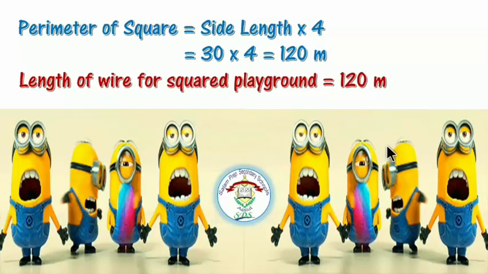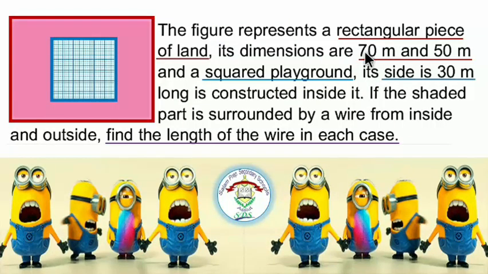The playground is in the shape of a square, so we will find the perimeter of square equals side length times 4. But take care. Before finding the perimeter, be sure that all numbers have the same unit. 70 meters, 50 meters, 30 meters, all in the same unit.